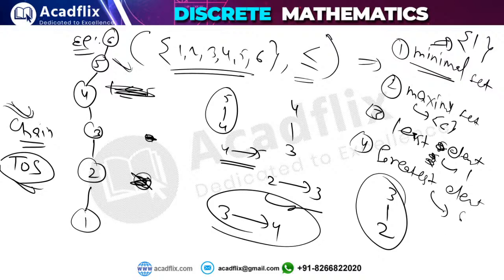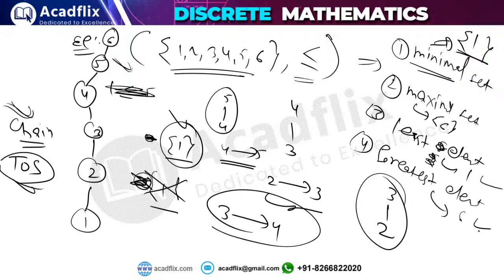One thing you can notice: here I wrote the minimal set like this, and the least element I wrote like this, not as a set. Why? Because the least element will be unique if it is present.